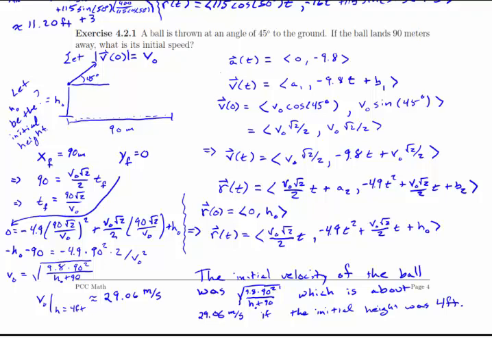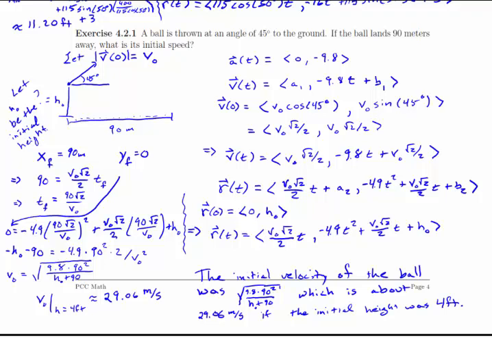Then go back over here to my acceleration and say, okay, my velocity has to be the antiderivative of this, which is a1 comma negative 9.8t plus b1. We know that my initial velocity, which we're calling v naught, is v naught cosine of 45 degrees, comma v naught sine of 45 degrees.